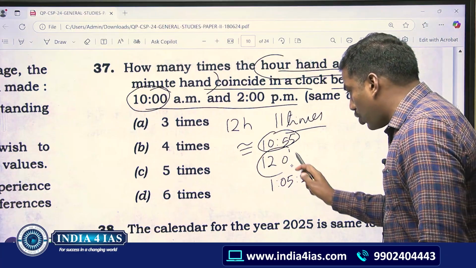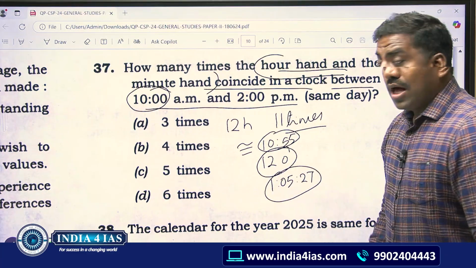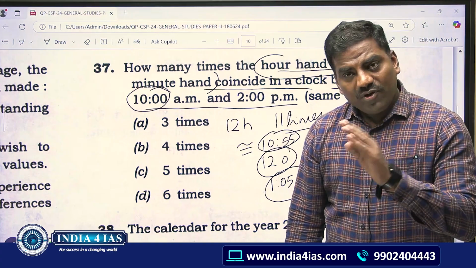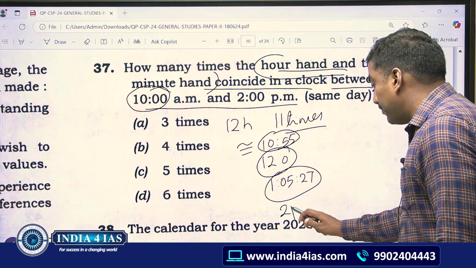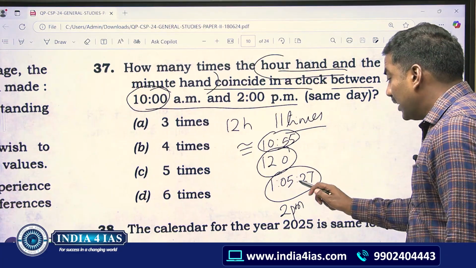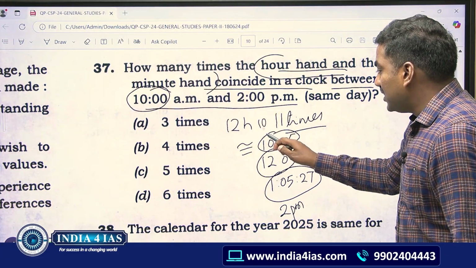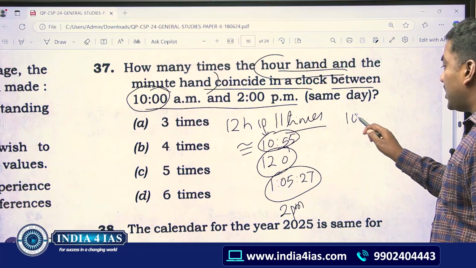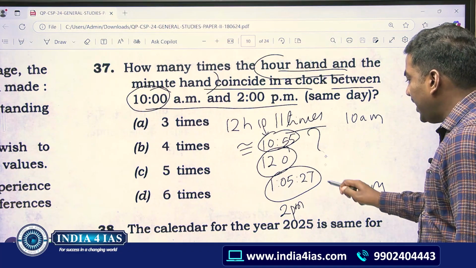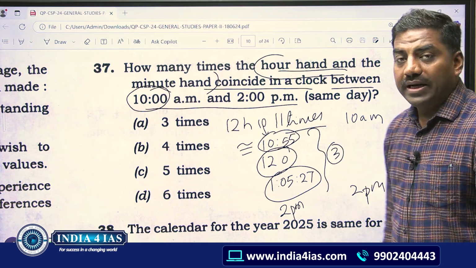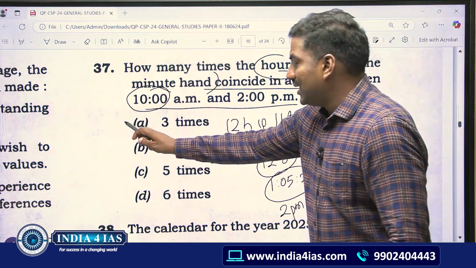Then at 12 o'clock, they will meet each other. Then after 12 o'clock, only at 1:05, a few seconds after, they are going to meet each other. So before 2 p.m. this is the latest, and after 10 a.m. this is the earliest. So between 10 a.m. and 2 p.m., these are the 3 times that they are going to meet. So the answer is 3 here.